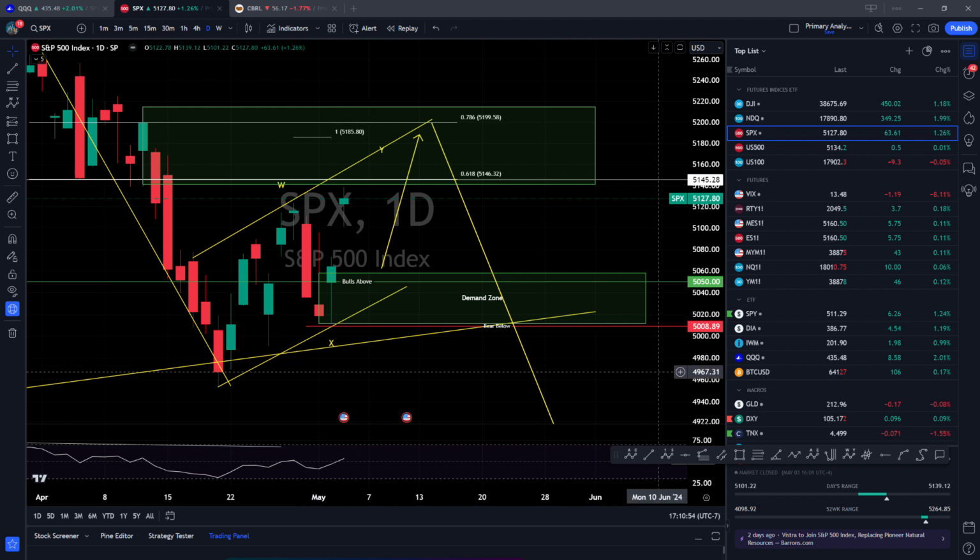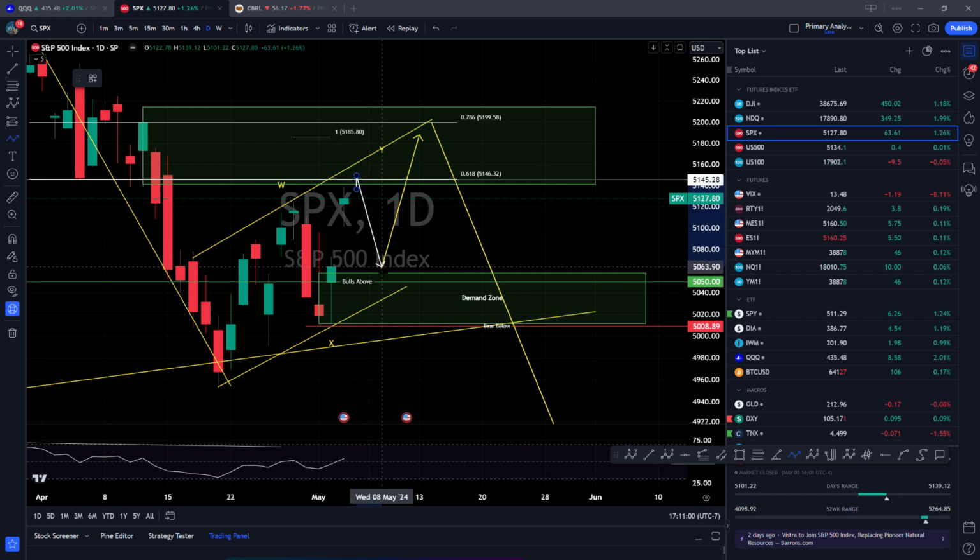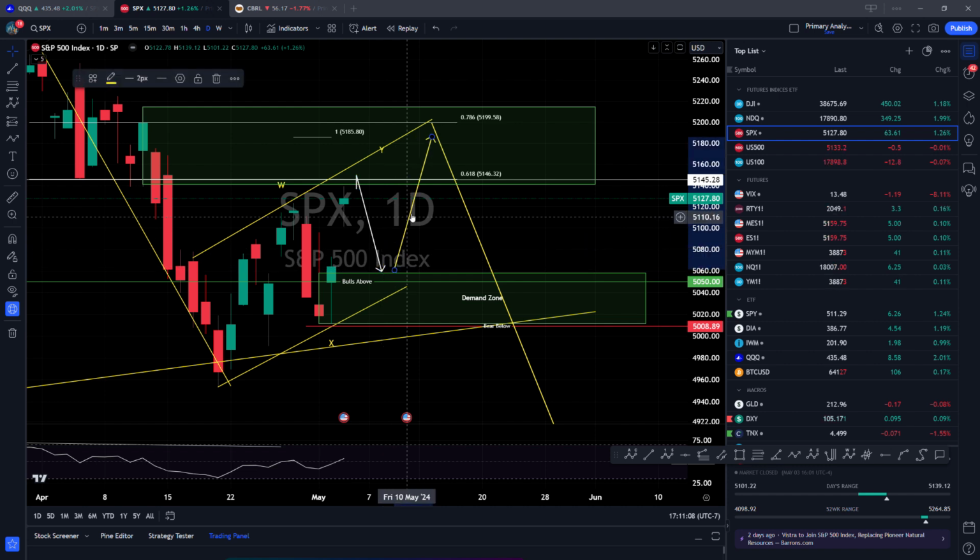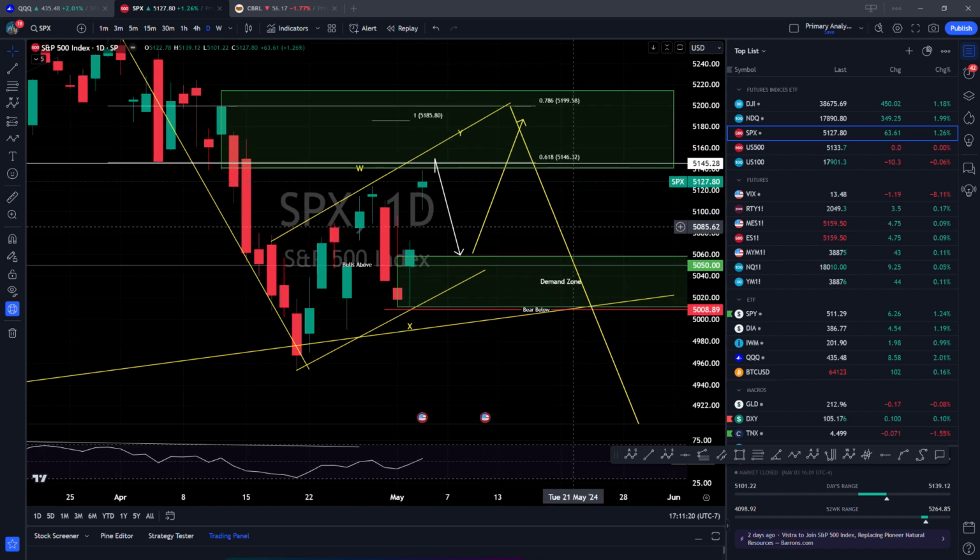So we probably should see some rejection here. It should reject back, probably close this gap which was created on Friday during NFP. And then, like I said, if nothing big is happening this week, it will probably float back up, right? So that's where my mind was when I was recording the morning video or writing the Substack, right?